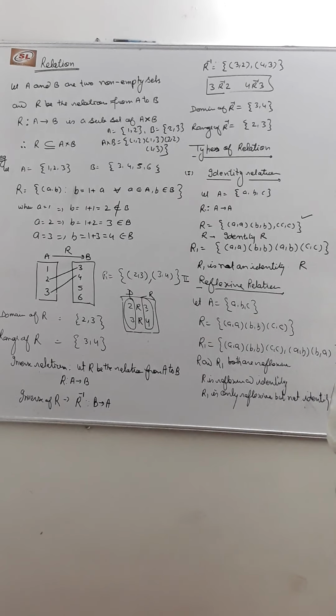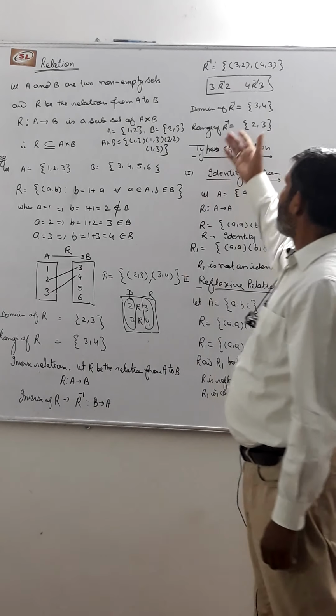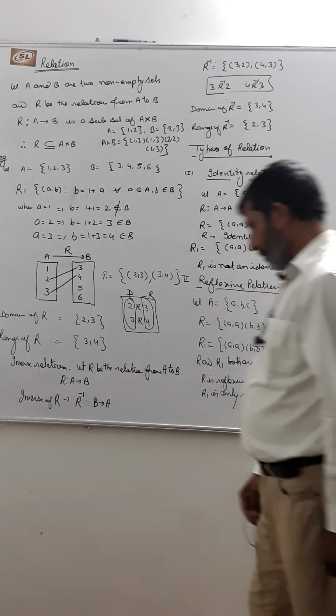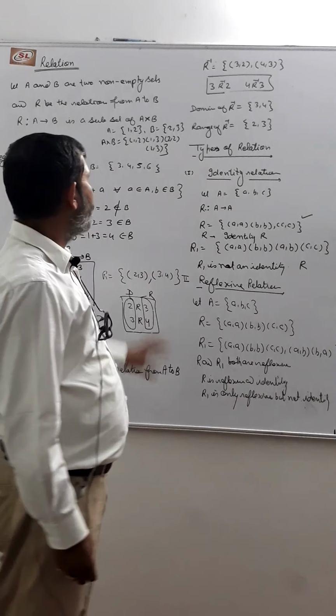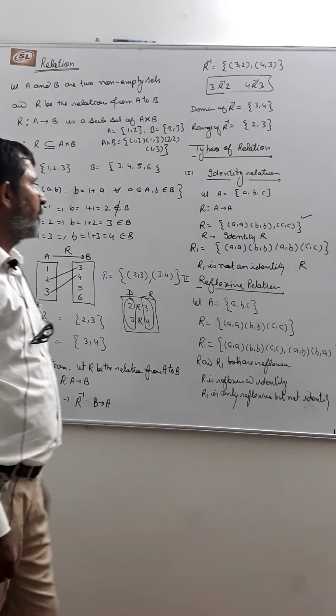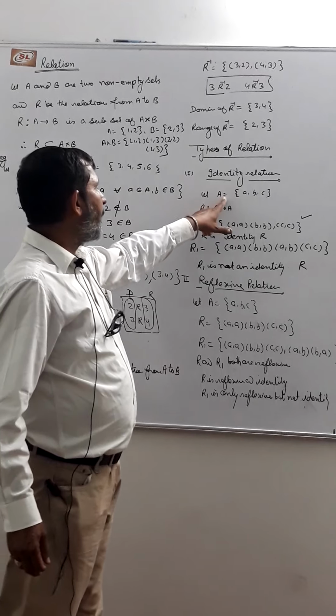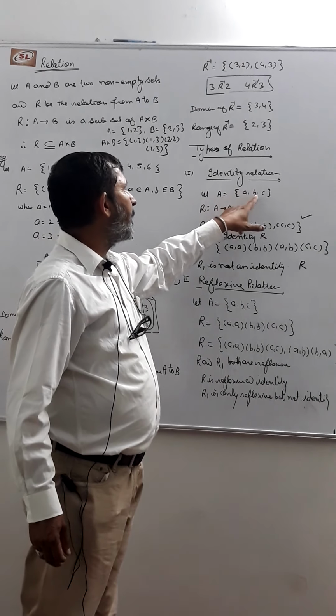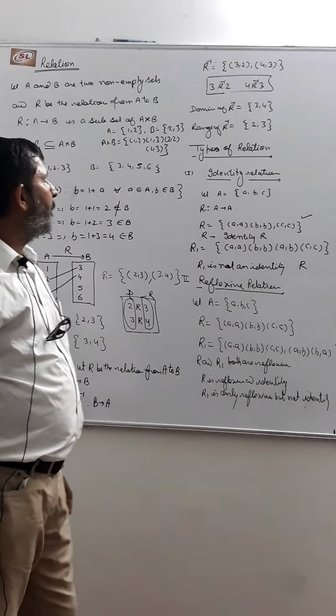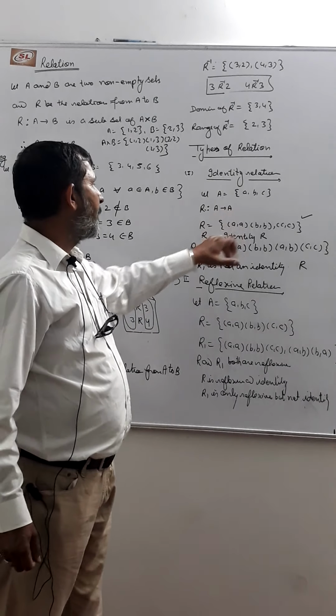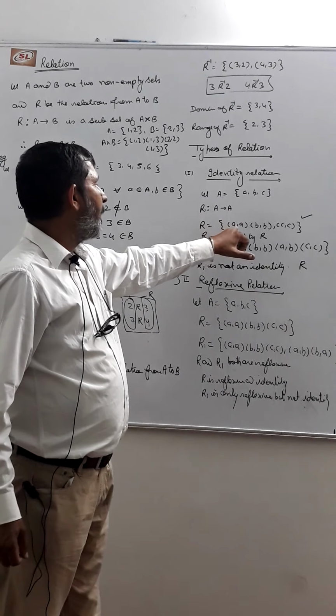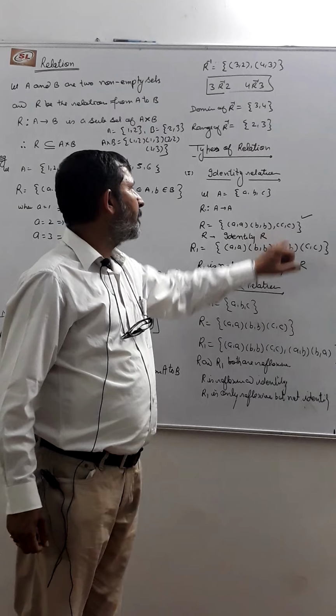The next topic is types of relations. The first type is the identity relation. Let us suppose that A is a set of the elements a, b, c and R is a relation on the set A defined by (a, a), (b, b), (c, c).